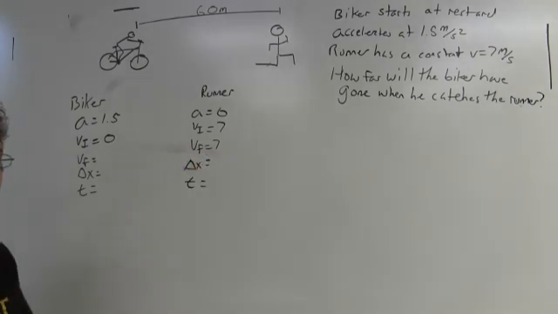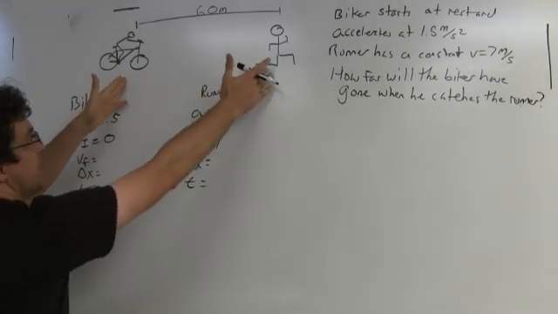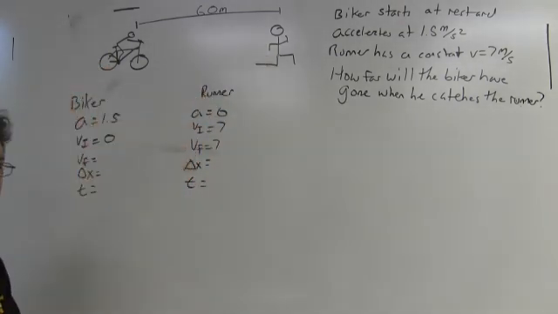Okay, now the question is, what has to be the same for these two? And the answer is two things. Time has to be the same, because they're both starting at the same time. The guy running and the guy biking are going at the same time. And the change in x's aren't going to be exactly the same, but they're going to be close.